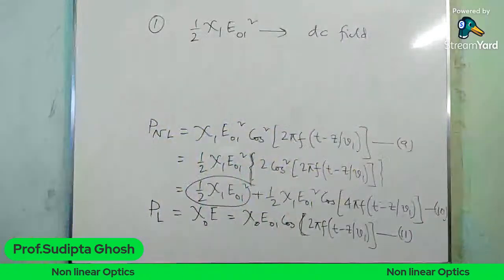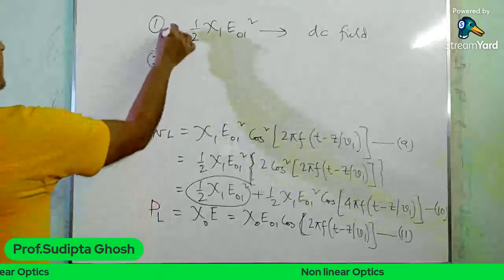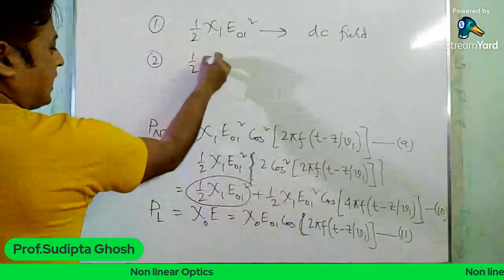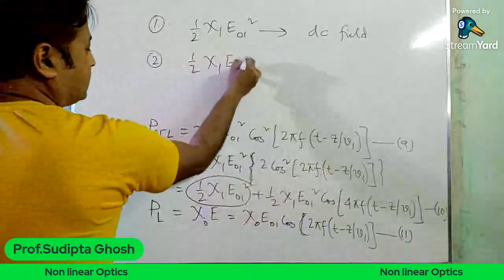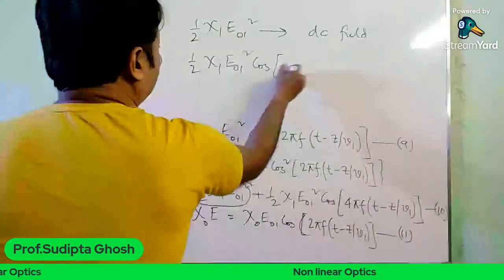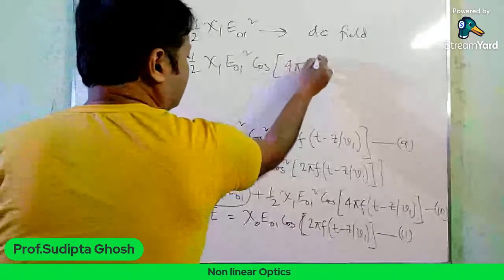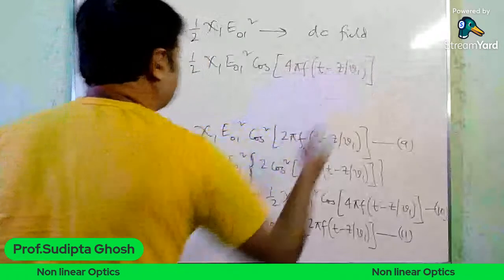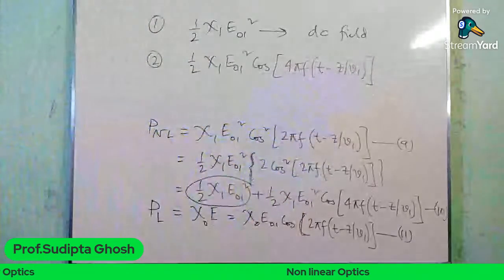Now secondly, the second term that appears here is half chi 1 E01 square cos 4 pi f into t minus z by v1. This is the second term.